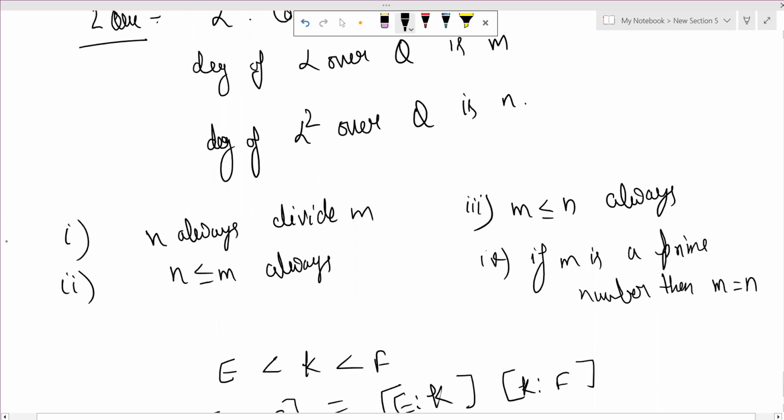So what do you think? Which will be greater and which will be lesser?